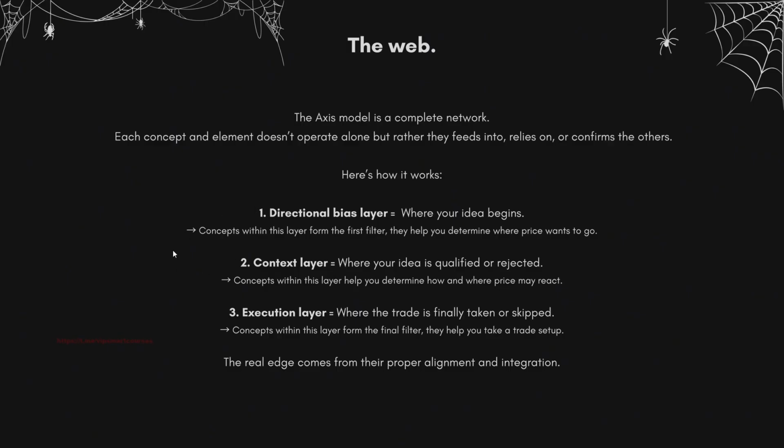Once you've established the directional bias for the day, we then move on to the next layer of the web, or the network, which is called the contextual layer, or context layer. This is where your idea or bias either gets confirmed or qualified, or it gets rejected. Within this layer you identify a proper market context on the intermediate time frame to determine whether it's the right time to trade or not.